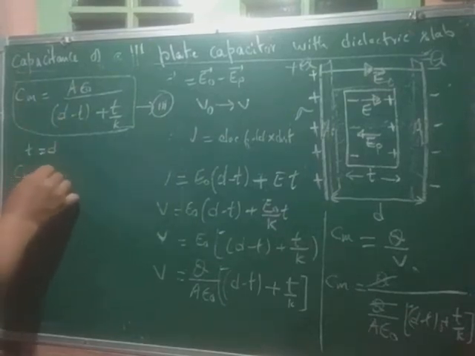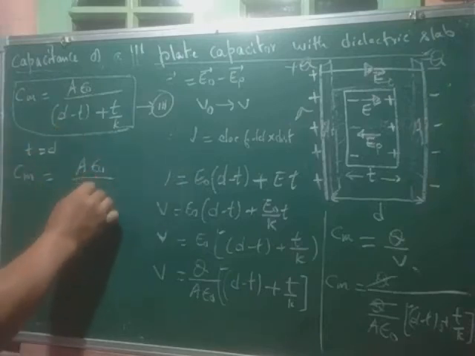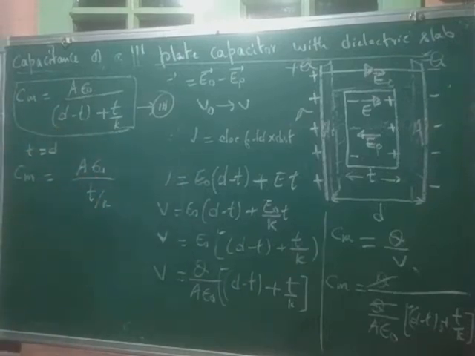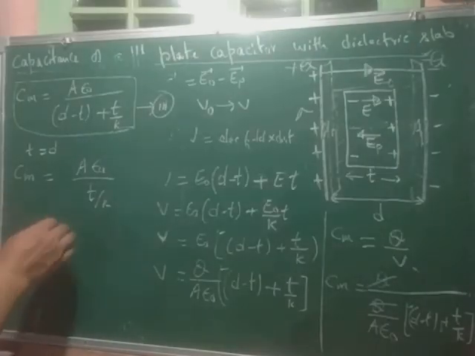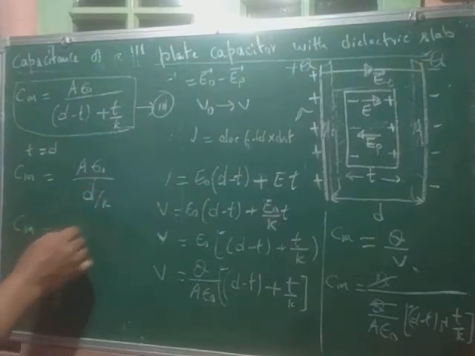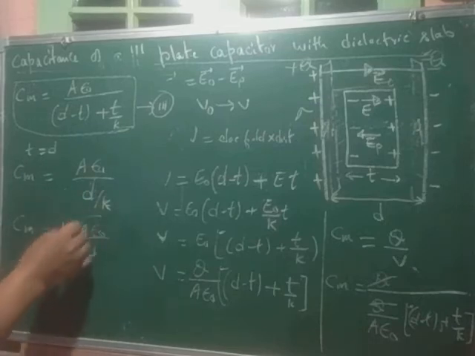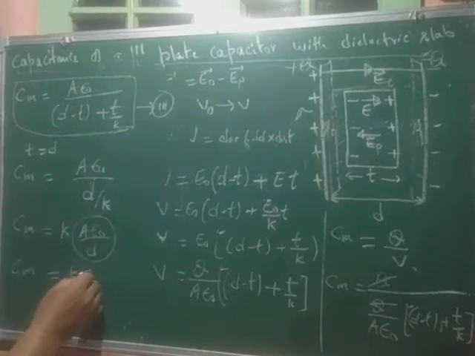Then your Cm equals A epsilon naught upon, and because d minus t is zero, you have only t upon K. Instead of t, I write d. So Cm equals K A epsilon naught upon d, or Cm equals K times A epsilon naught upon d. What is A epsilon naught upon d? This is nothing but the capacitance of an air capacitor.